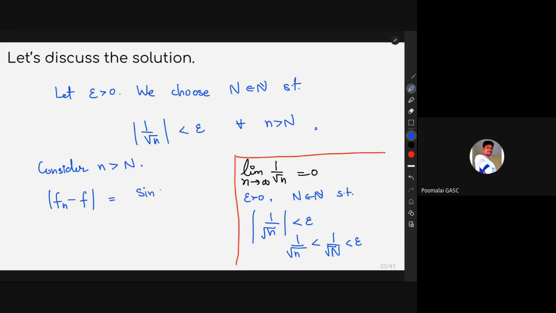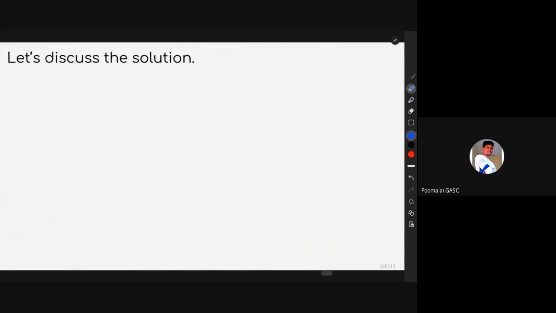This is sine nx divided by square root of n minus the 0 function, which is 0. So this is going to be equal to sine nx divided by square root of n. Okay. Now I use the inequality on the sine function.